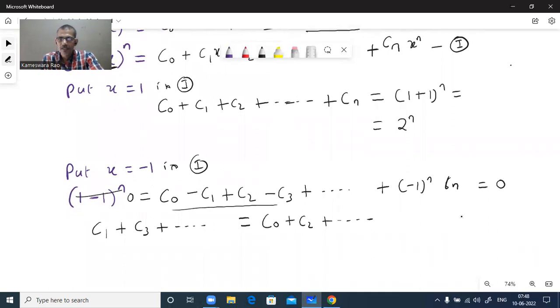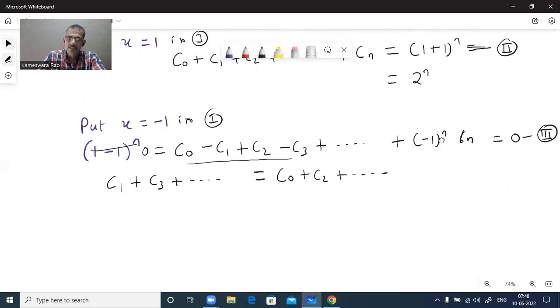One more thing. This result I will take as Roman 2 and this as Roman 3. I will solve Roman 2 and Roman 3 to get some more results.